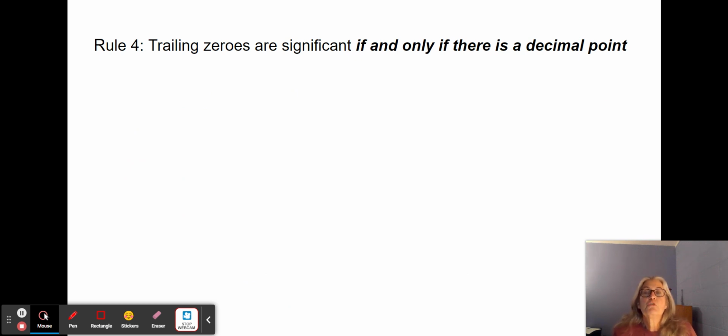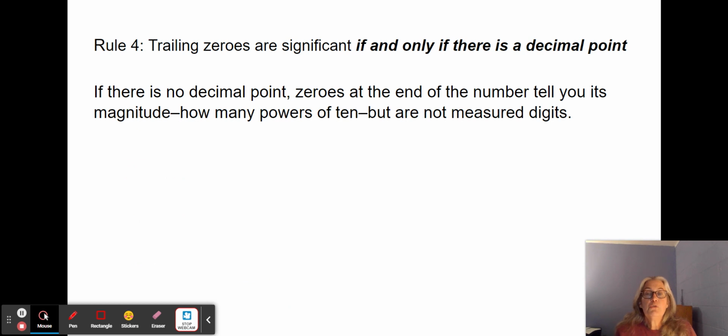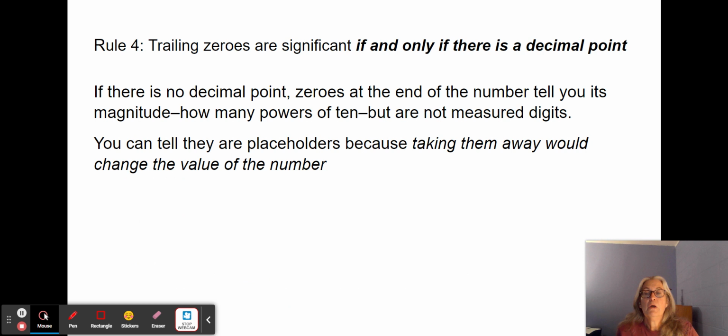Rule 4, trailing zeros are significant if and only if there is a decimal point. Otherwise, they're placeholders. If there is no decimal point, zeros at the end of a number tell you its magnitude. They tell you how many powers of 10, but they are not measured digits. You can tell they are placeholders because taking them away would change the value of the number.